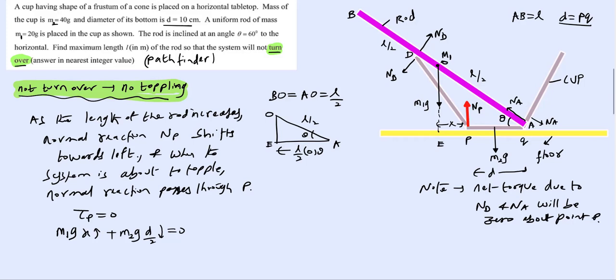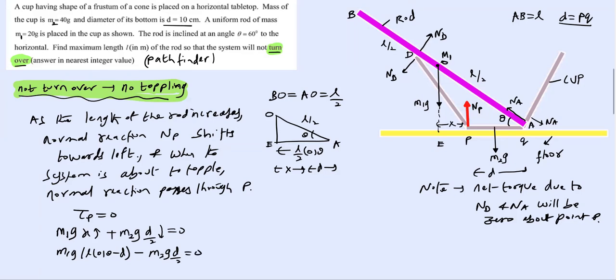Okay, what is X? We can calculate X now. This L by 2 cos theta will be equal to X plus D. So X is equal to L by 2 cos theta minus D. Minus M2G D by 2.